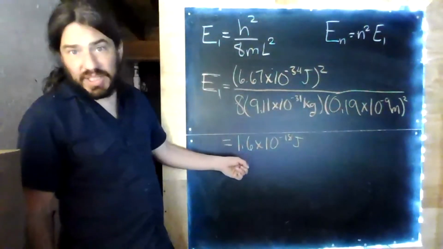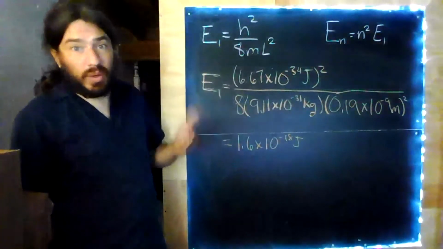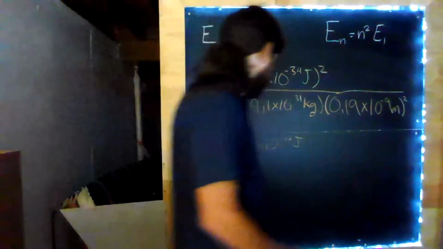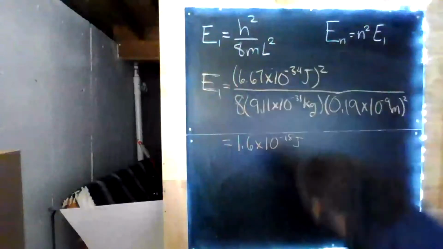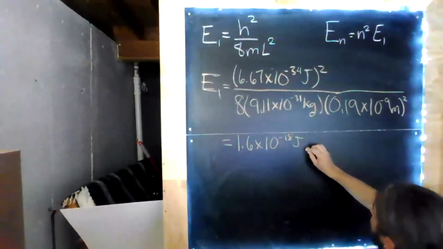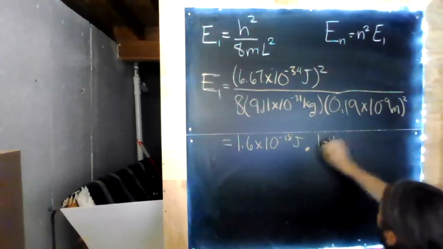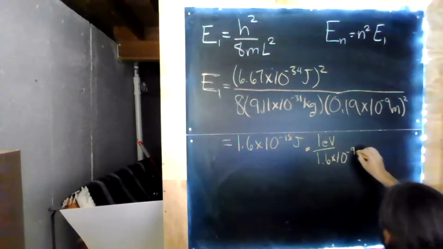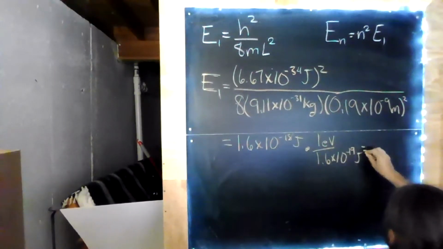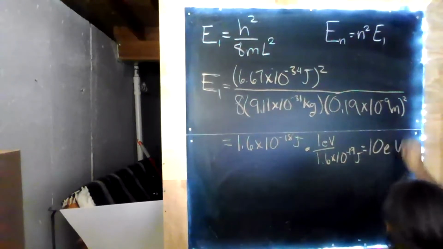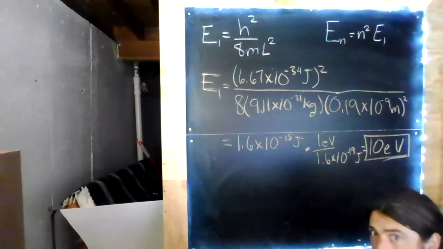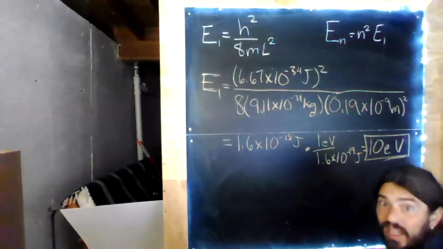That is a tiny number, isn't it? Maybe this would be more useful if we ran this number in eV. Let's convert. We're going to multiply this by 1 eV over 1.6 times 10 to the negative 19th joules, and we see that we get 10 eV. So E1 is 10 eV.